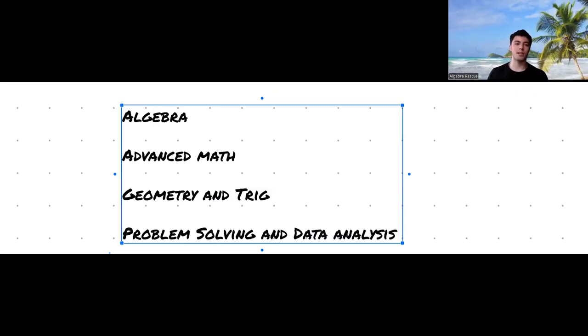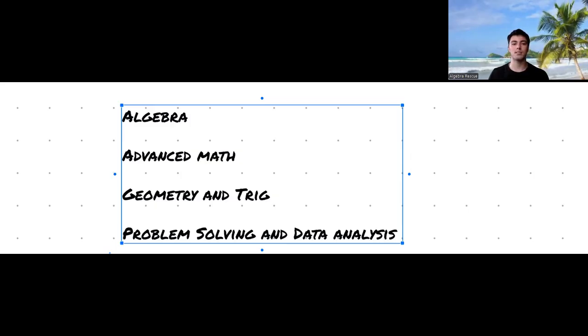This is partially right, but really, the test is not equal amounts of algebra, advanced math, geometry, and data analysis. The SAT is going to be mostly algebra and advanced math, and then some geometry and trig and some problem solving and data analysis.